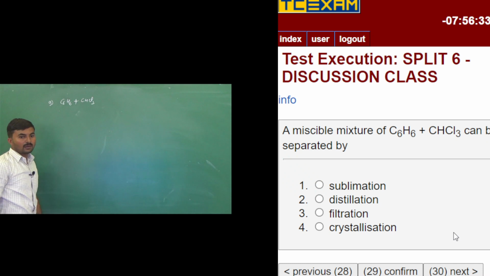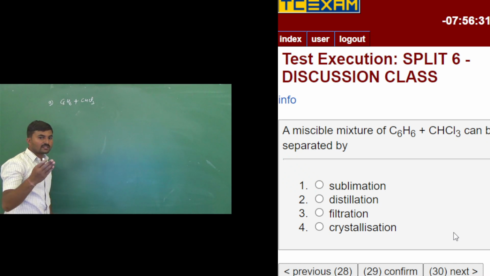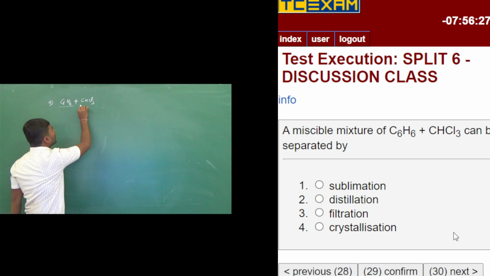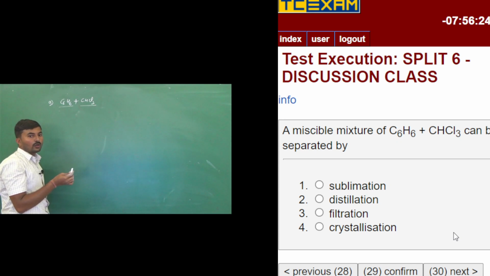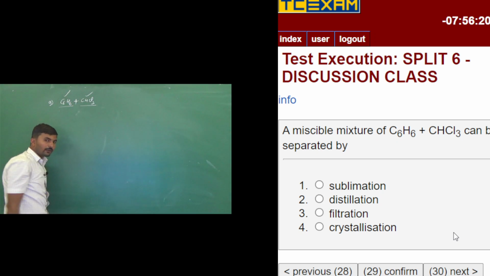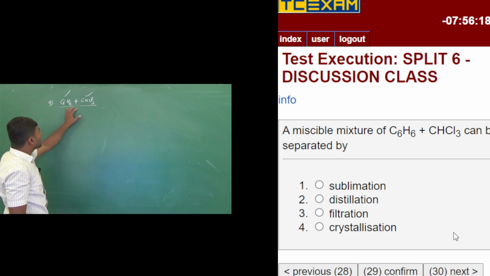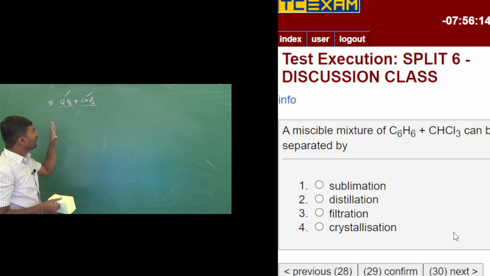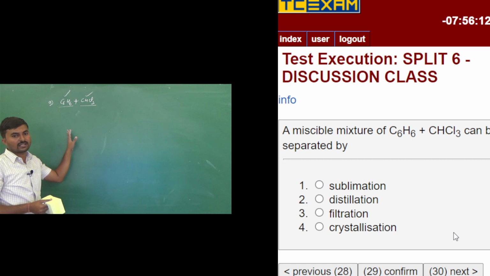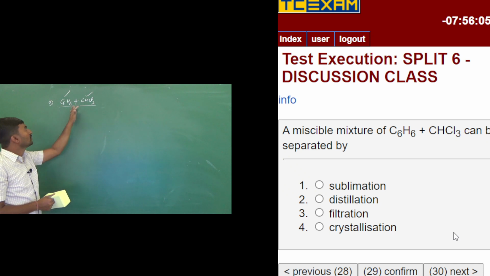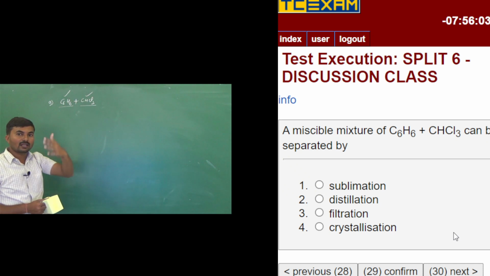It can be separated by, so a mixture of two miscible liquids with different boiling points. This liquid has a different boiling point, and this liquid also has a different boiling point. When such liquids with different boiling points are distilled by the distillation method, the liquid with the lower boiling point evaporates first, and it is then collected and stored.